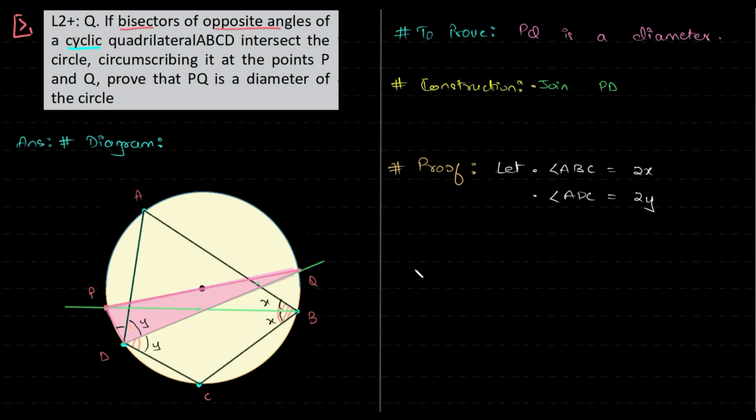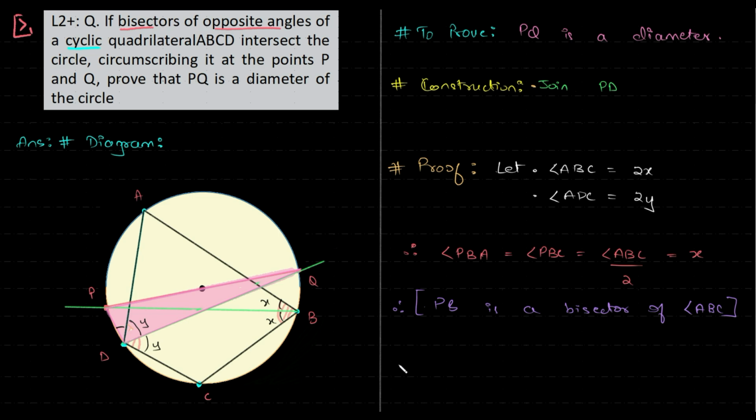Therefore, angle PBA will be equal to angle PBC, which is half of ABC, equal to x. The reason is that PB is a bisector of angle ABC.